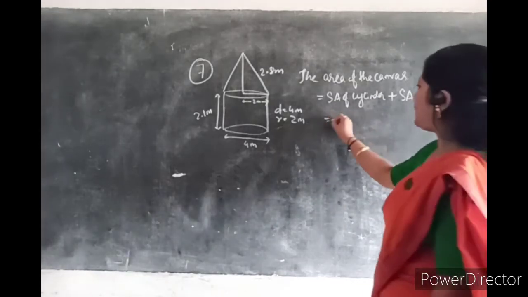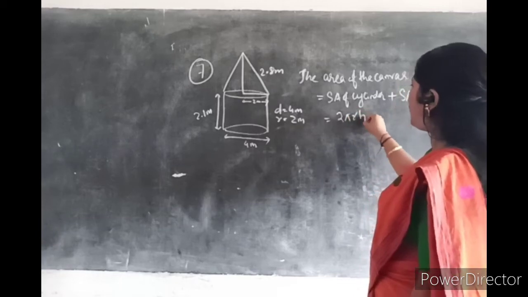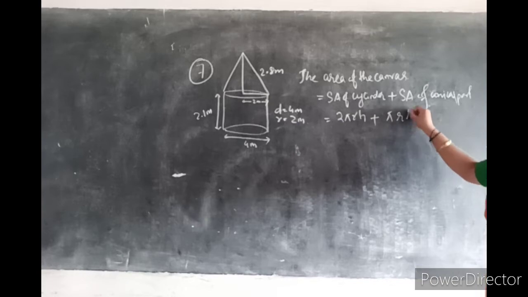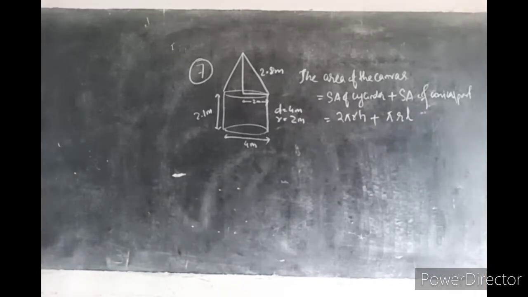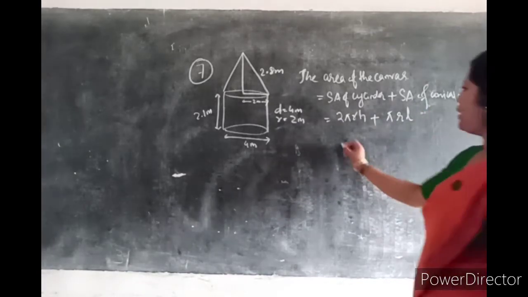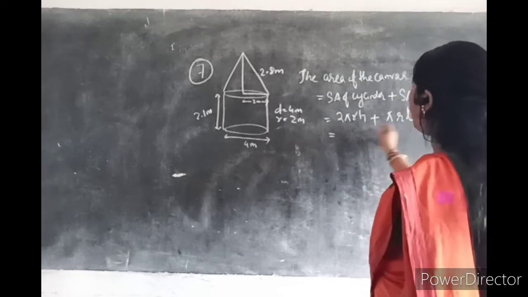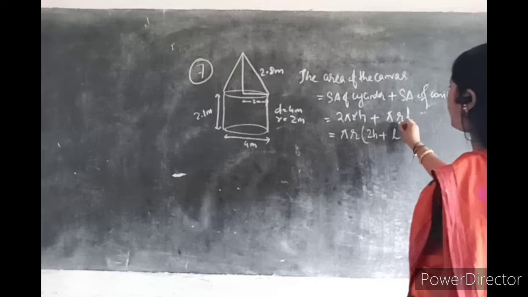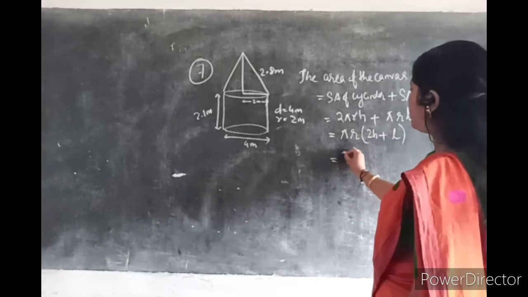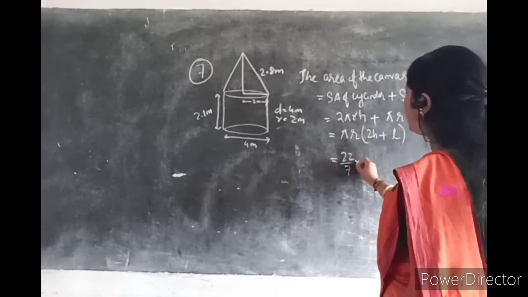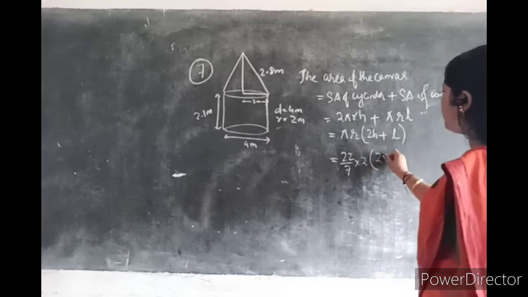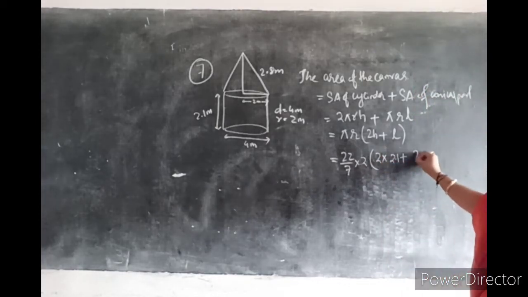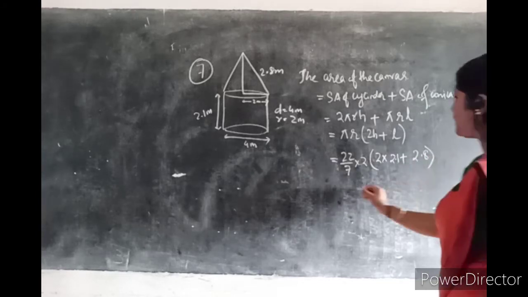So what is the formula here? That is 2 pi rh, and what is the surface area of the conical part? That is pi rl. Okay, so here you can see pi and r will be common, so r into 2h plus l. So 22 by 7, radius we have got 2. So 2 into height of the cylinder is 2.1 plus slant height is already given, that is 2.8.